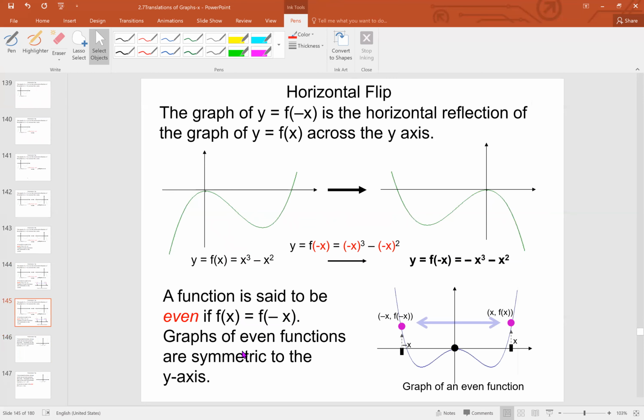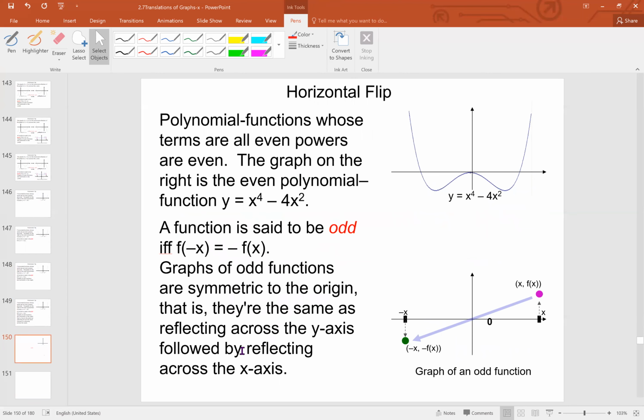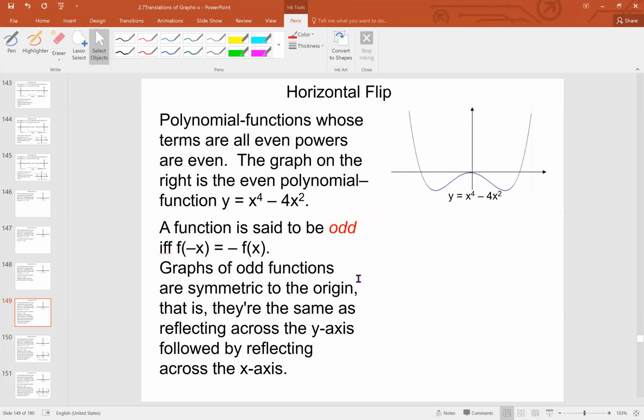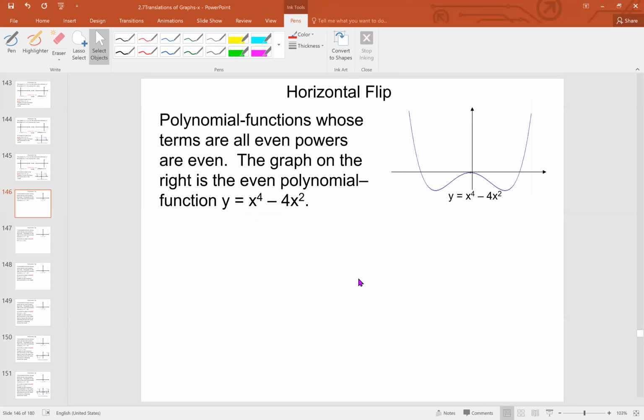Okay. Here's the definition of odd functions: f of minus x, the minus sign can be pulled out of f of x. Okay, not every function is even or odd. Okay? Most are not. Only a few, like for instance, here's an even function.